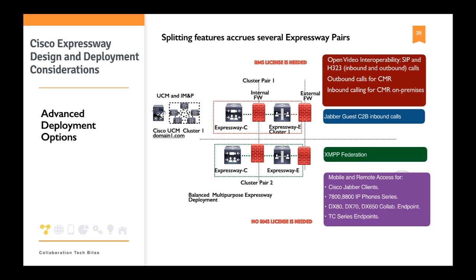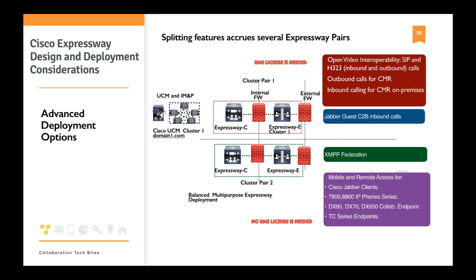You can have an expressway pair that is dedicated or designated for open video interoperability. Let's say you wanted to do business-to-business communications and consumer-to-business communications, so Jabber Guest, you can dedicate one pair to do that, and have another parallel environment, Expressway E and Expressway C in a cluster pair 2, that is dedicated for mobile remote access for Cisco Jabber, 7800, 8800, DX100, TC-series, whatever collaboration endpoint, and XMPP federation.